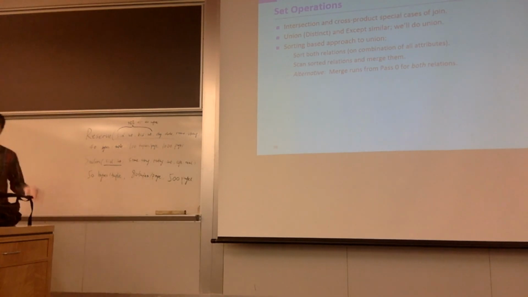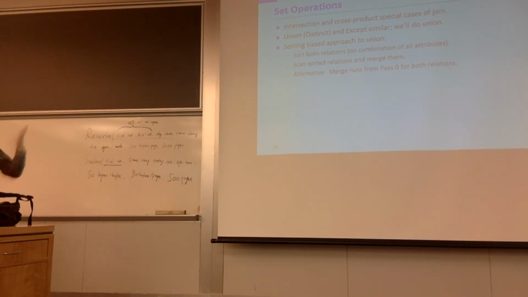Basically, everything qualifies as a join. If you are doing union, and the union is not distinct, then that's pretty easy. You just append the result of another table to one table. That's easy.